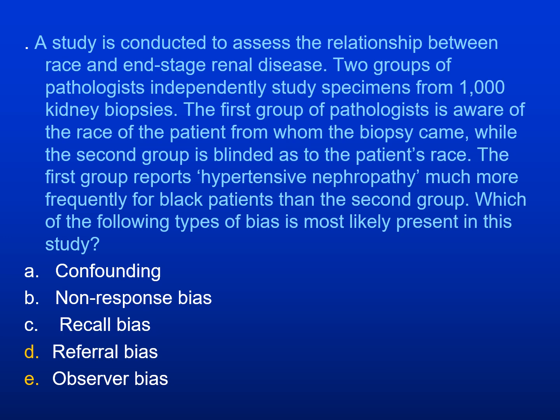The first group reports hypertensive nephropathy much more frequently for Black patients than the second group. Which of the following types of bias is most likely present in this study? Confounding, non-response bias, recall bias, referral bias, observer bias. The answer is observer bias.